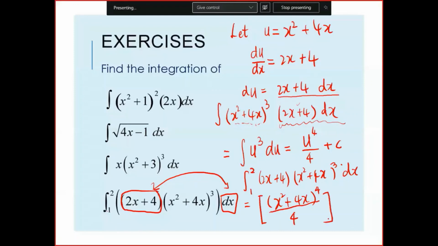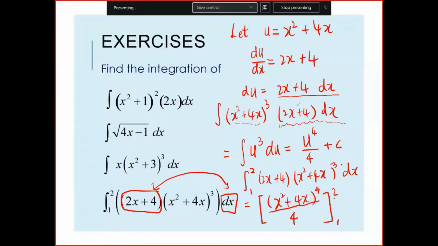Now, students, the plus c, when we have the values 1 and 2 here, the c is not important anymore. Because if I put a plus c here, later when I subtract, it will disappear also. So we don't have to put the plus c.